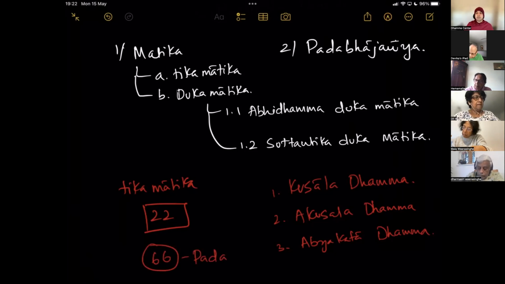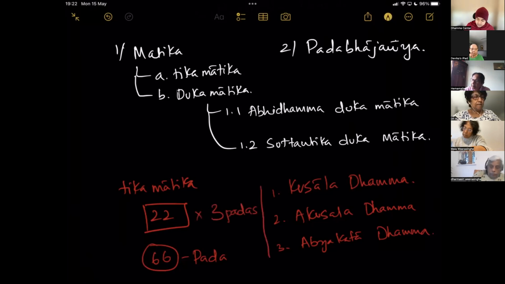So kusala dhamma is the first pada, akusala dhamma is the second pada, abyakata dhamma is the third pada. Is that understood? That is how each of the 22 tikamatikas has 3 padas.